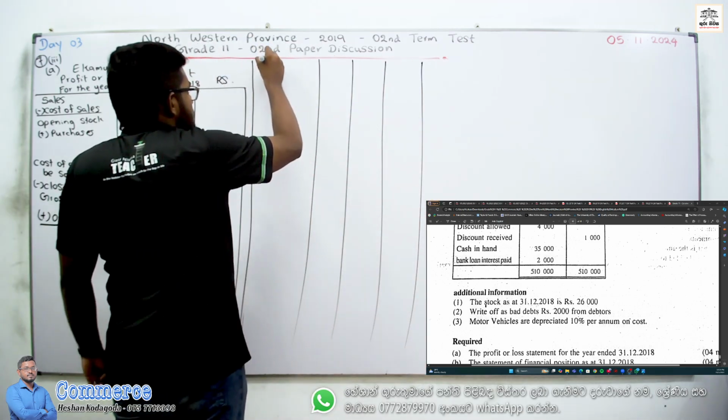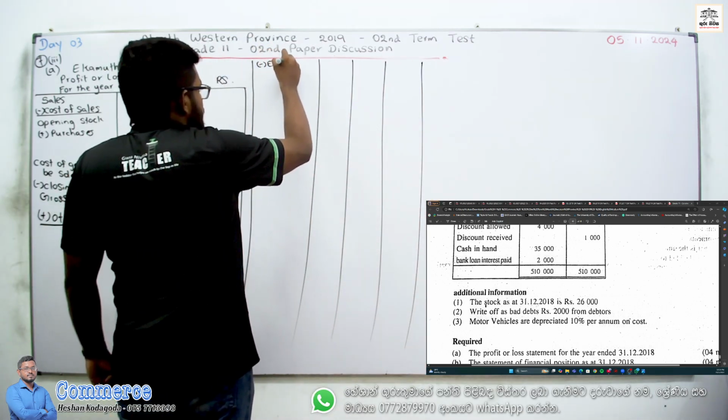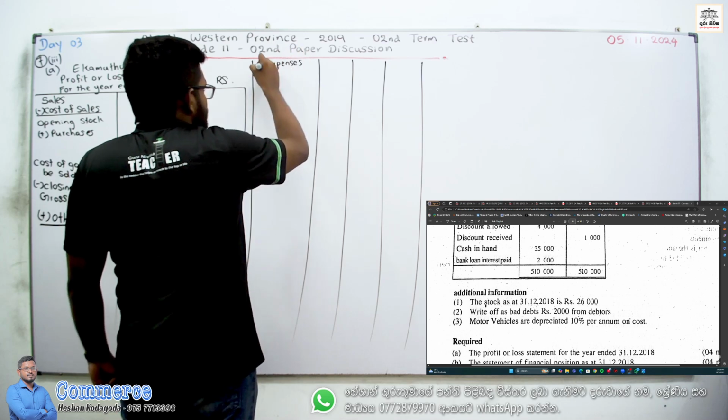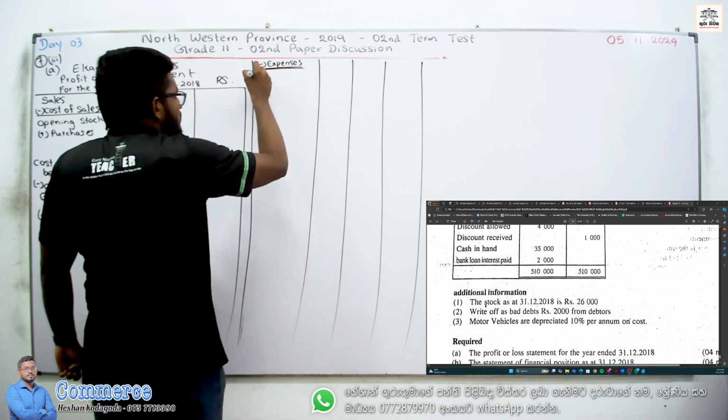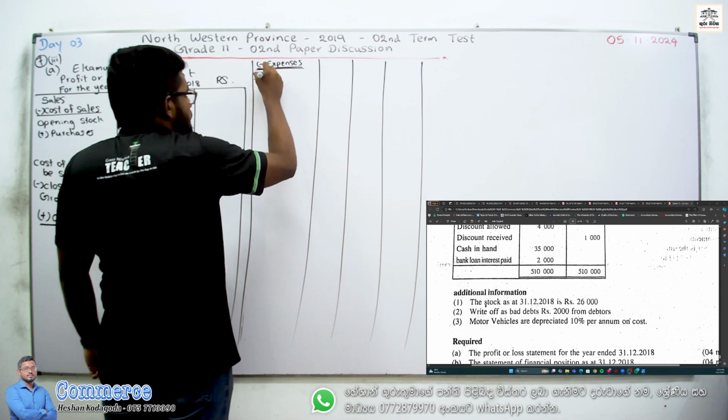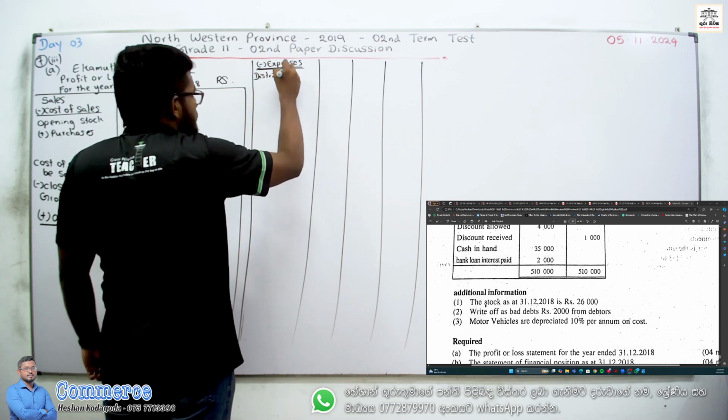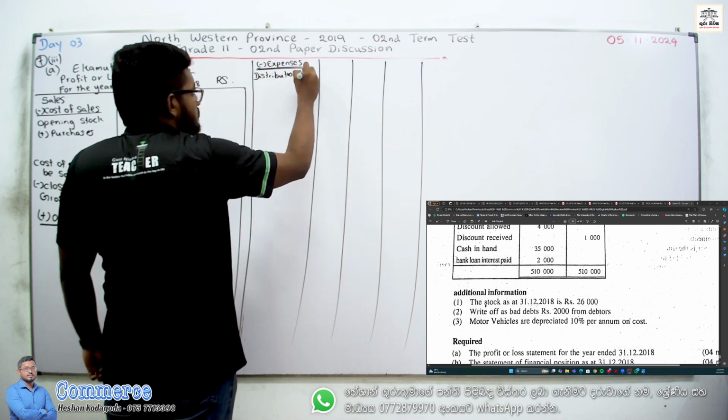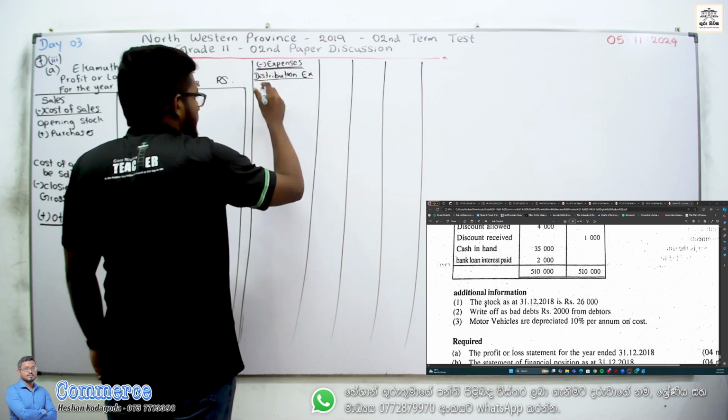Minus expenses. First one, distribution expenses, keep 7 lines.